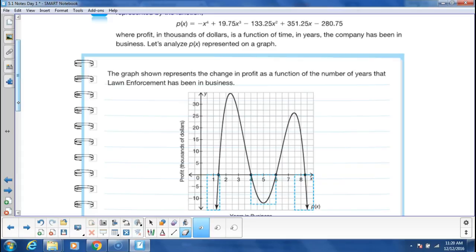What else can you tell me? Think about the context of the problem. What is it modeling?